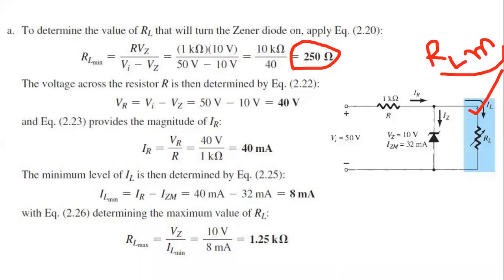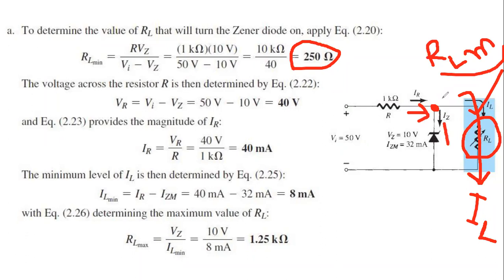So that's why this RL will be maximum when the current entering this RL will be the minimum. So IL will be minimum. When the IL will be minimum, my students, if you see that this is the node where the IR current is entering, isn't it? The IR current is entering and it has two paths.